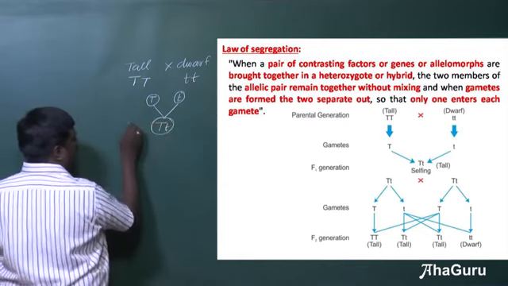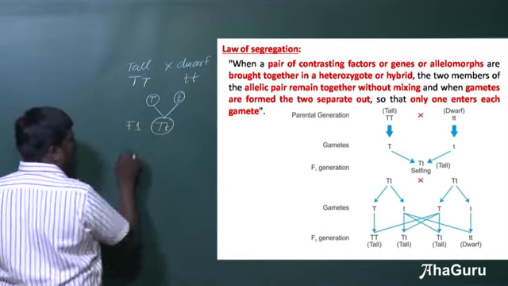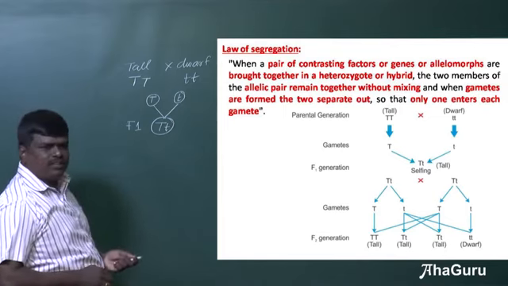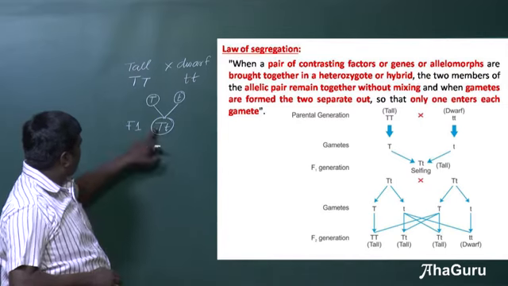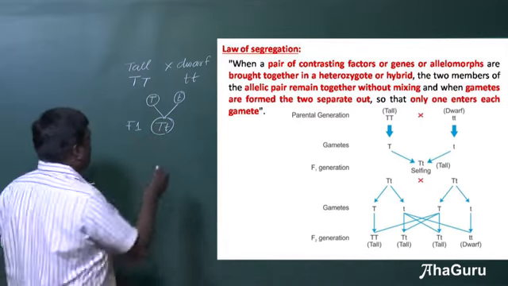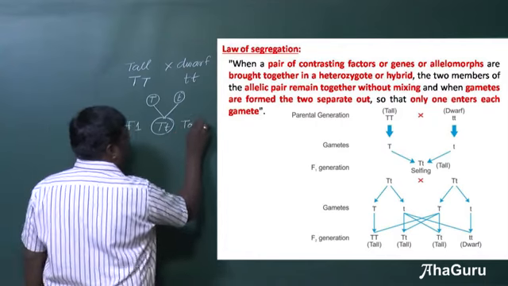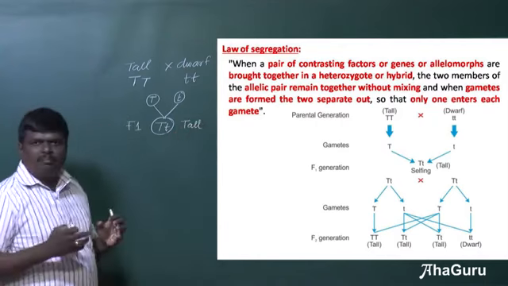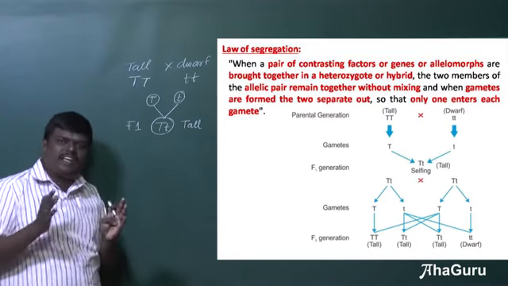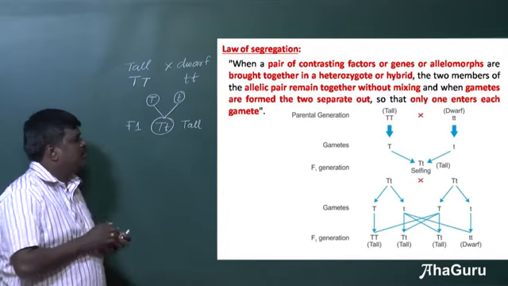This is the F1. In the F1, he got the allelic pairs together. This is tall, this is dwarf, but they are together. The plant is a tall plant, where they remain together but are not mixed. They are still segregated until they separate.